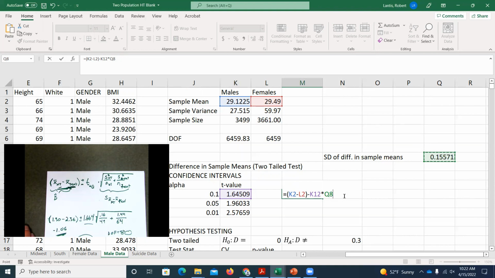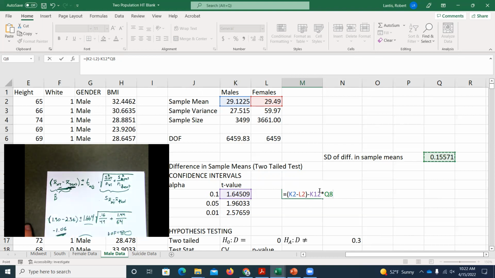So if I copy this down, what's the only thing that I want to change? So I need to freeze some of these. What's the only thing I don't need to freeze? Yeah, the only thing that's changing should be the number of standard deviations, if I'm looking at different levels of confidence.